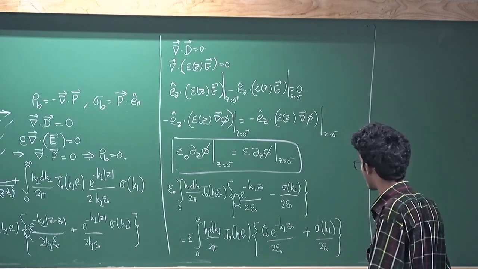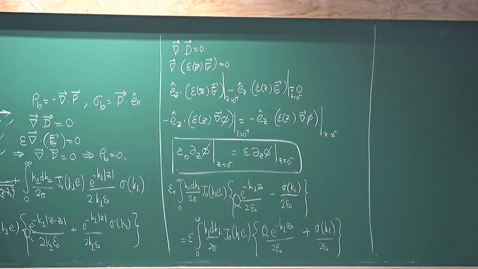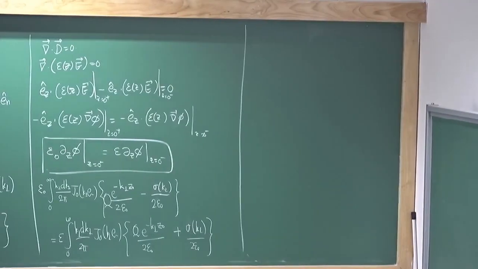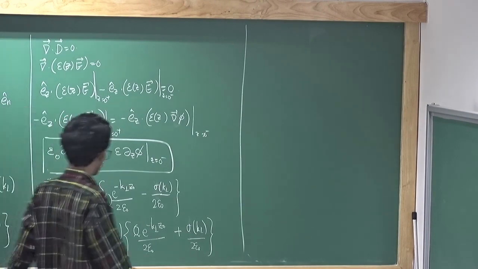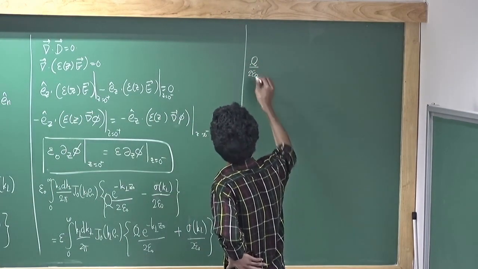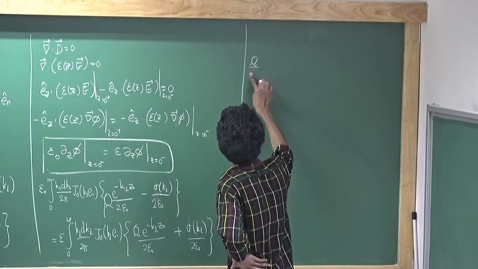Okay. Now comparing both sides of the equation, you get some linear equation. And that's the miraculous part. When you're using this Hankel transform, at the end of the day, all you need to solve is linear equations. So comparing both sides, you get an equation of the form Q over 2 epsilon naught. Let me cancel the epsilon naught on both sides.